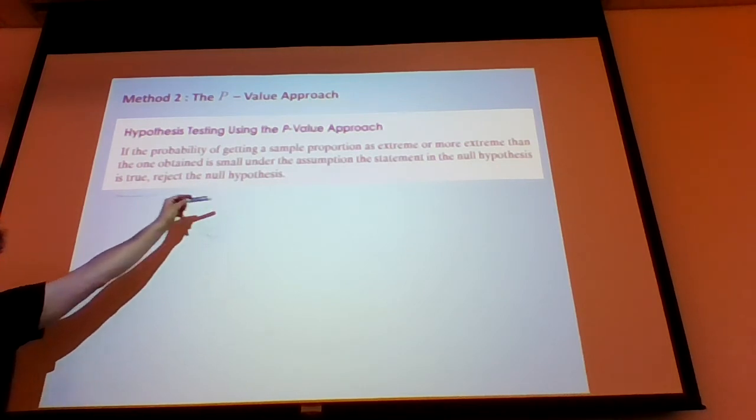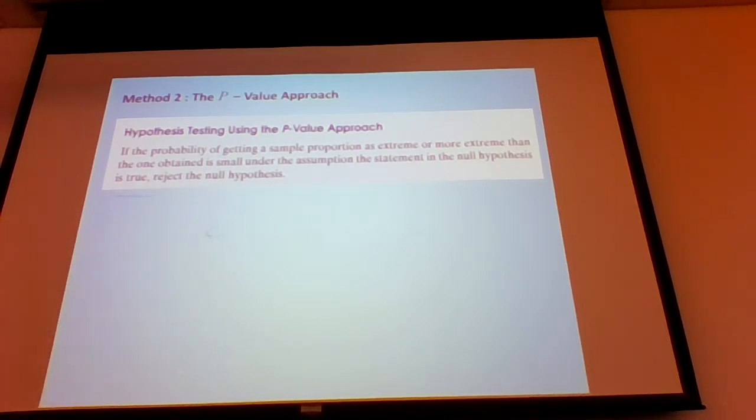So for example, let's say the probability of your sample proportion, in other words, what's called your p-value, is 0.1. And let's say the probability of your hypothesized value is 20%. Is 0.1 smaller than 0.2? Yes.